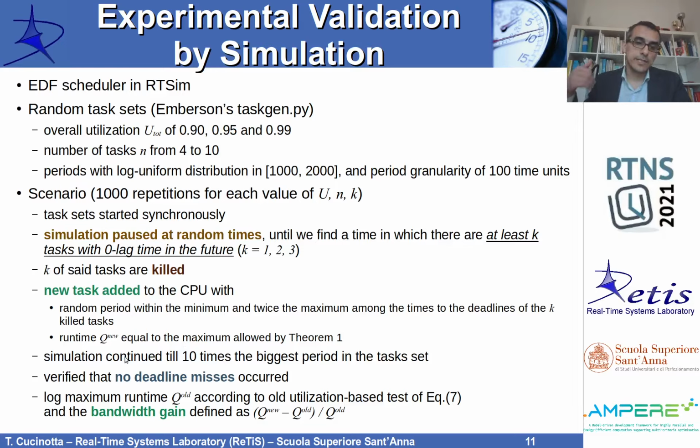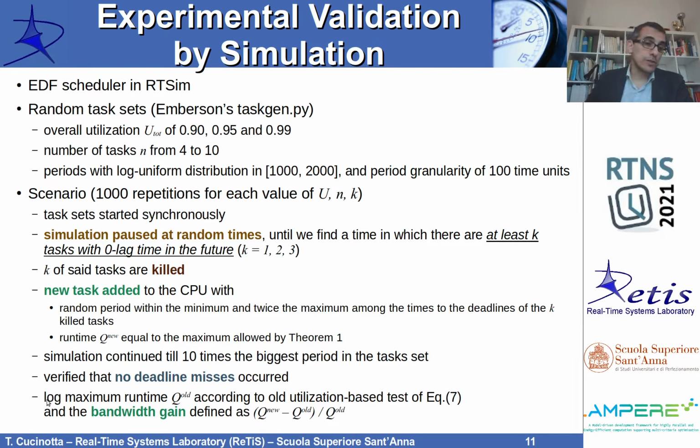Then we continued the simulation for a duration equal to 10 times the biggest period in the task set. Finally, we verified that we had no deadline misses in this period of time. As is well known, it would have been sufficient to keep running the task sets until the maximum period. After that, nothing really changes.